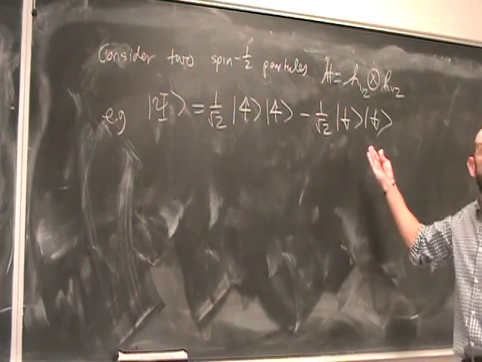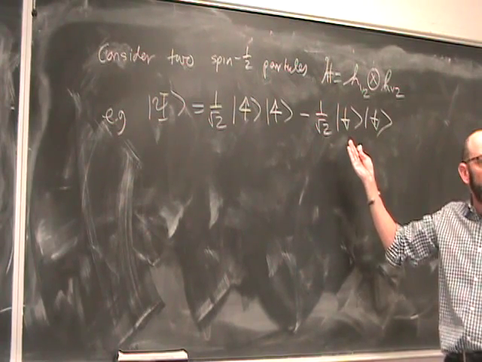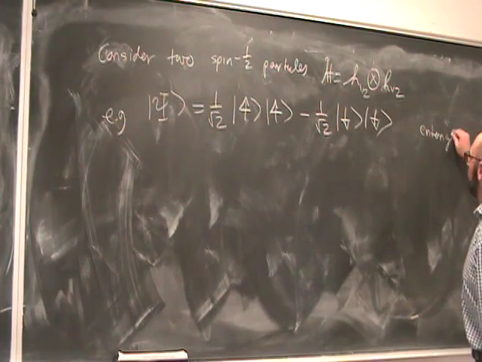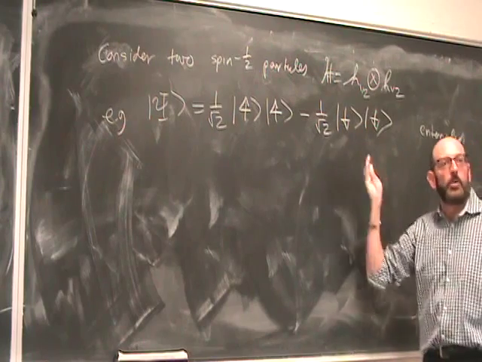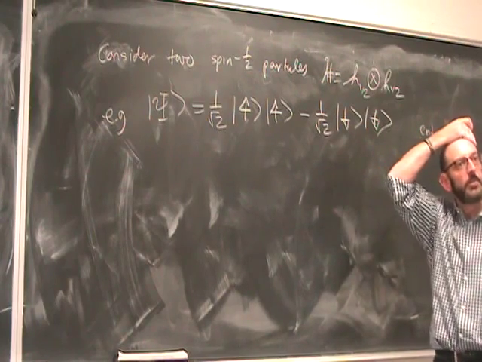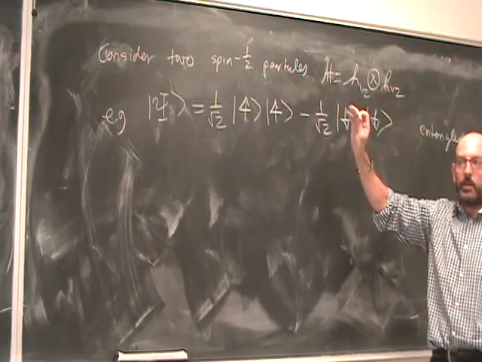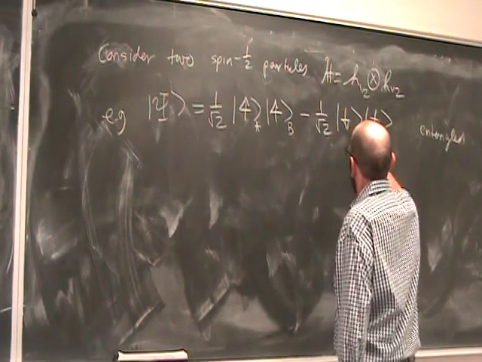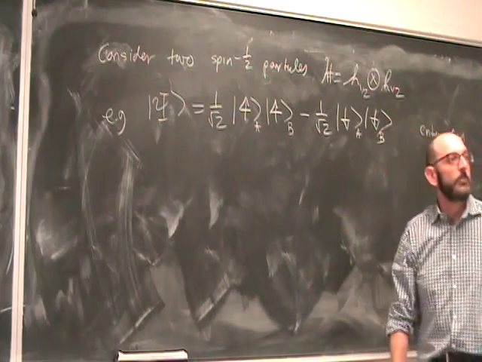This state is entangled, right? There's no way to write this as the product of two wave functions or states, one for A and one for B.